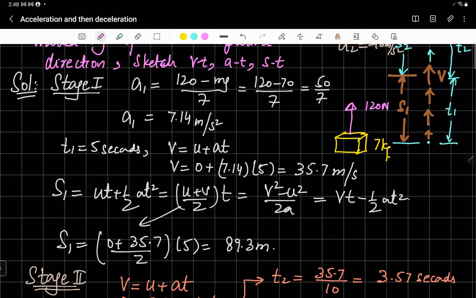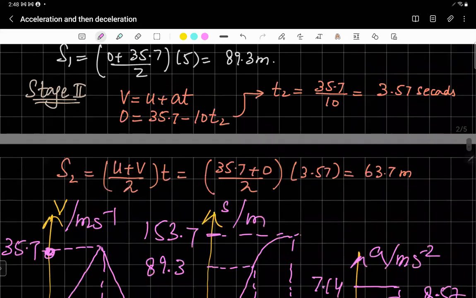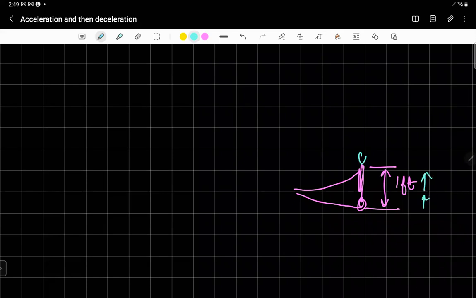For example, if you throw a ball in the upward direction, the motion has two stages. While it is in your hand and you are moving your hand upward, say for 1 foot, you apply some force in that 1 foot and the ball is accelerating. Once it leaves your hand, stage 2 begins, and it just keeps on decelerating because the force you exerted is not acting anymore.